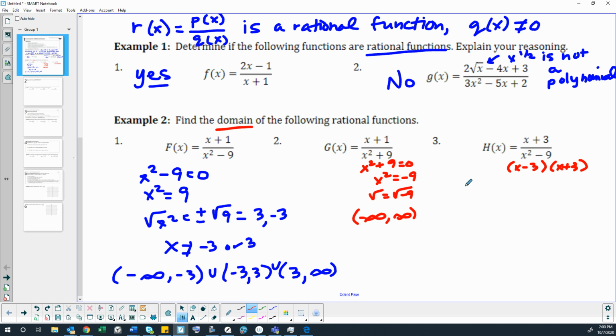So that means this one has the same answer that number 1 has. x cannot equal -3 or 3, and the domain is what I said over here, -infinity to -3, -3 to 3, and 3 to infinity.